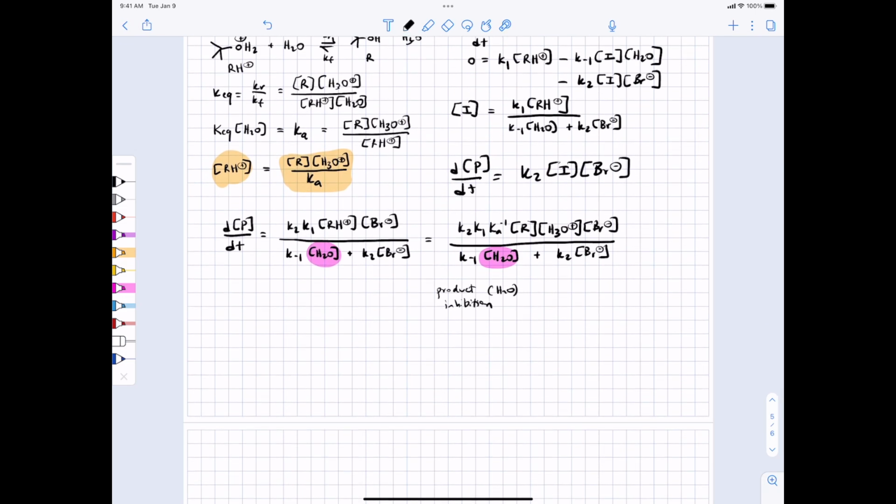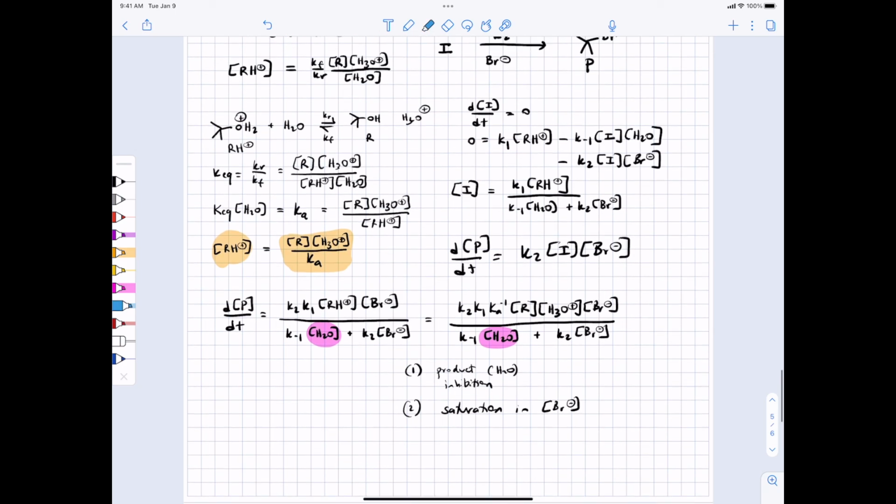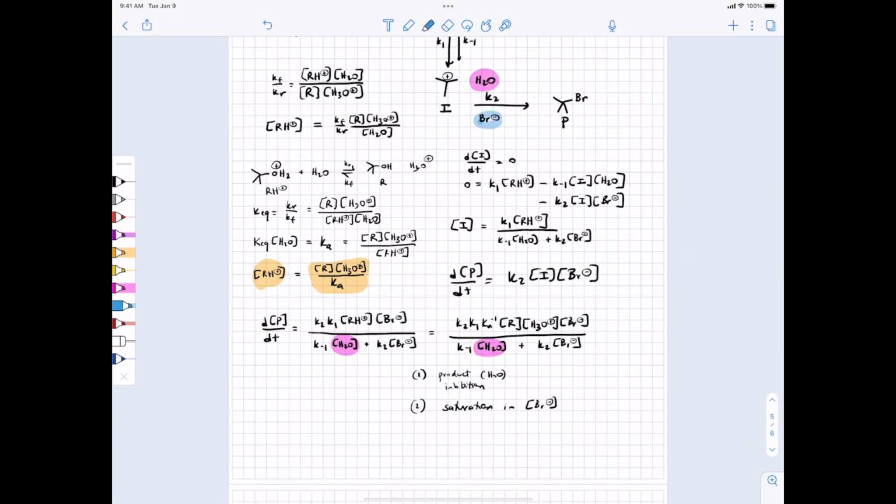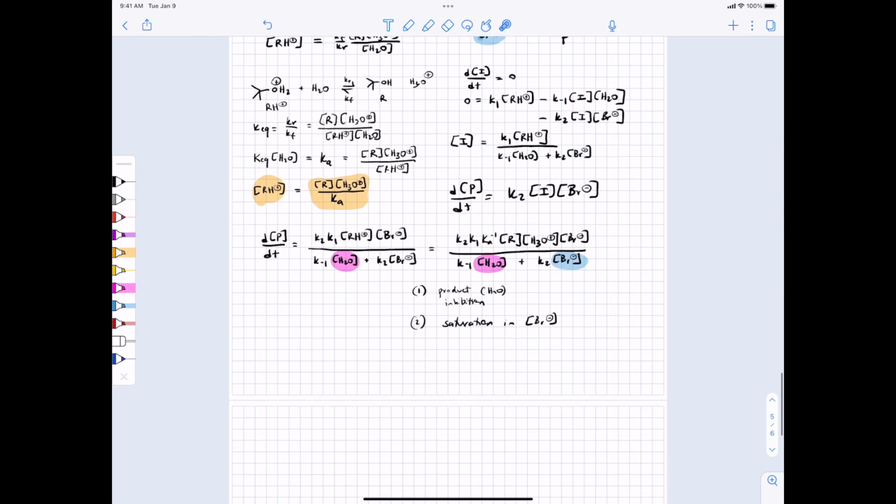Second, so that's one feature, we expect to observe saturation kinetics in Br minus. That is, if the concentration of Br minus is high, then the K2 term will overwhelm the K minus 1 term, and then you're in a similar situation.